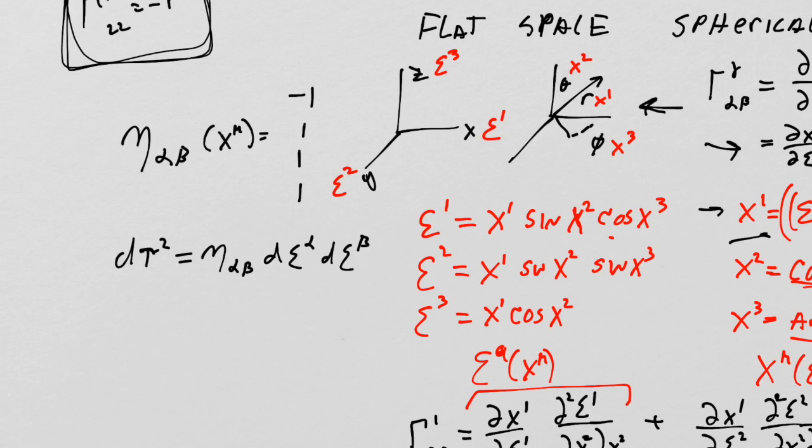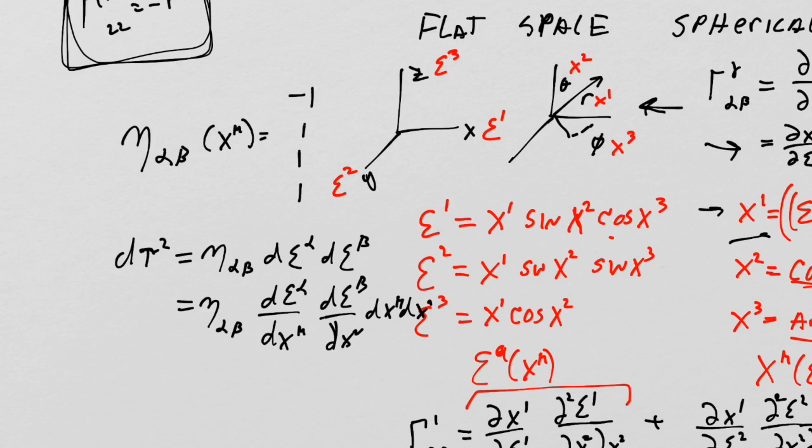And we know that you can convert this by just using the chain rule. It has to be eta alpha beta times dc alpha dx mu, times dc beta dx nu, times dx mu dx nu.